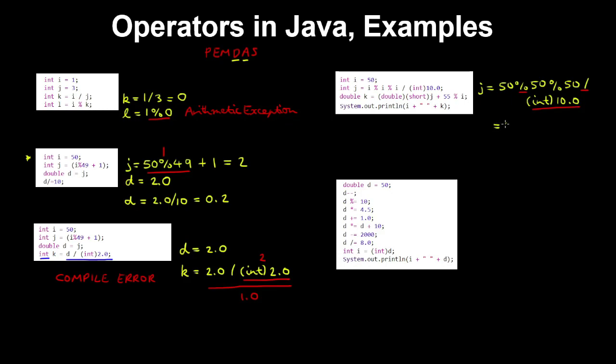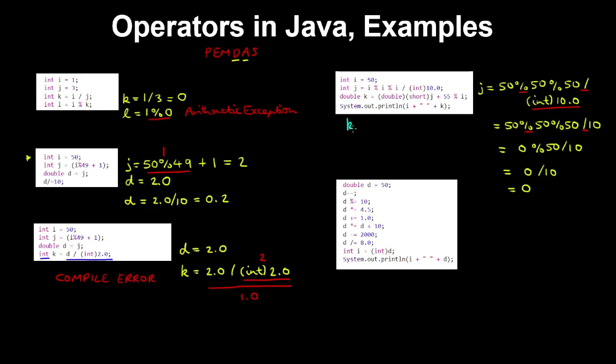So what we're left with is the following expression. And as we said, modulo and divide have the same precedence, so these get evaluated from left to right. So 50 modulo 50 gives a remainder of 0, and we have modulo 50 on 10, and then 0 modulo 50 is 0 on 10, which is 0.